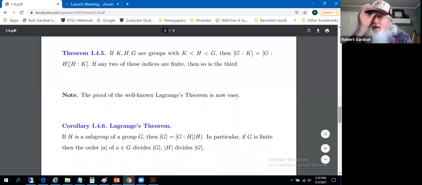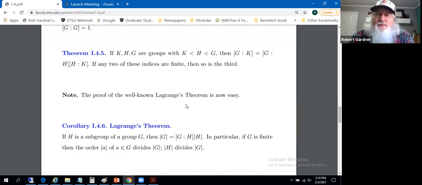The following is quite useful because we'll use it to prove Lagrange's theorem. Lagrange's theorem should ring a bell from your introduction to algebra experience.